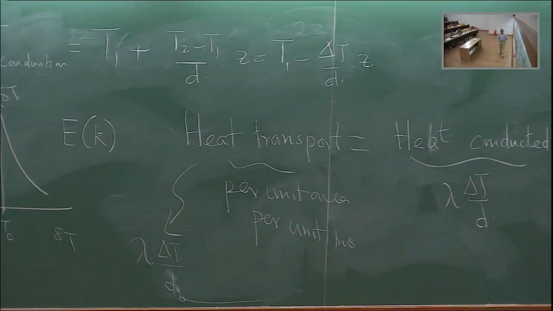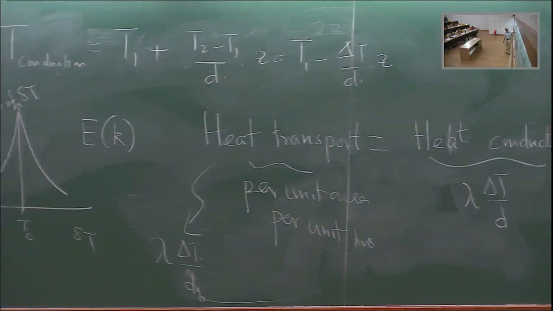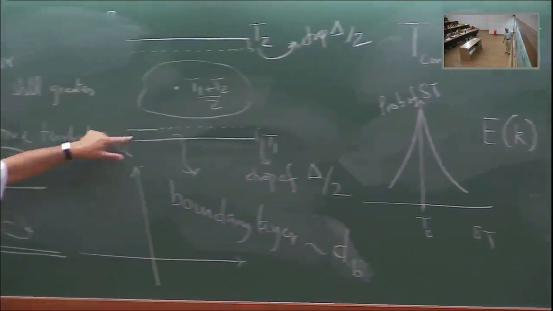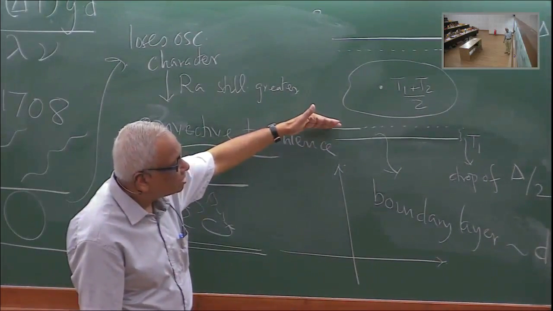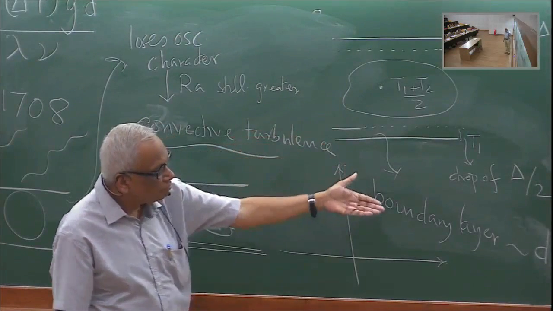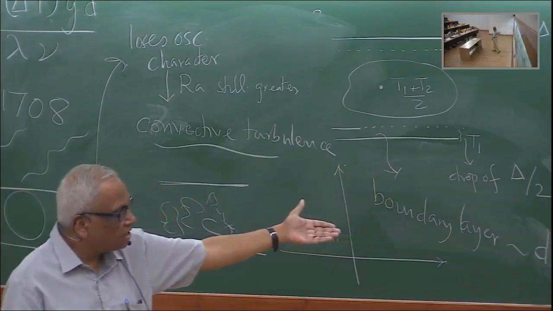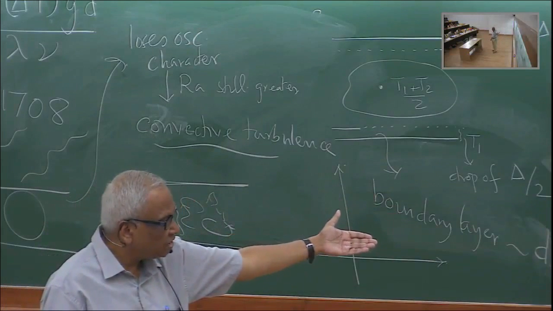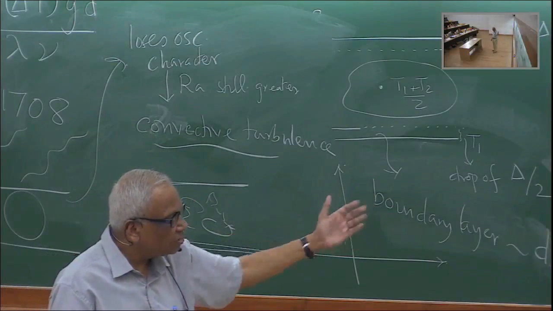So the total amount of heat that would be transported from here to here would be the amount of heat which is reaching this surface over here, which is determined by the temperature gradient times the thermal conductivity, so lambda times delta T over dB.